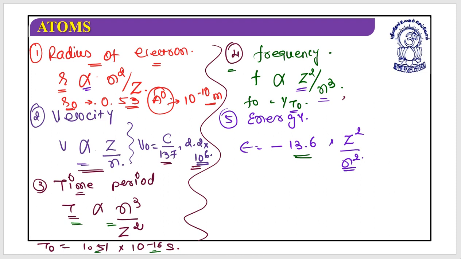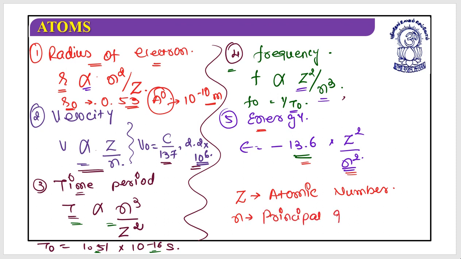And last but not the least, the energy, which is equal to minus 13.6 multiplied by Z square by n square. Here Z is the atomic number, while n is the principal quantum number.